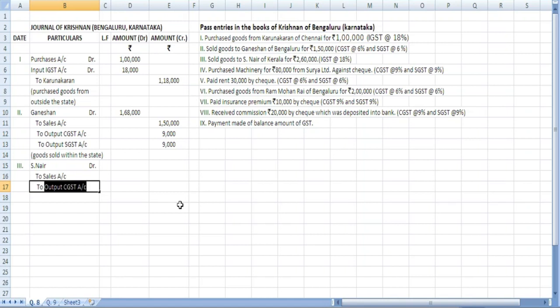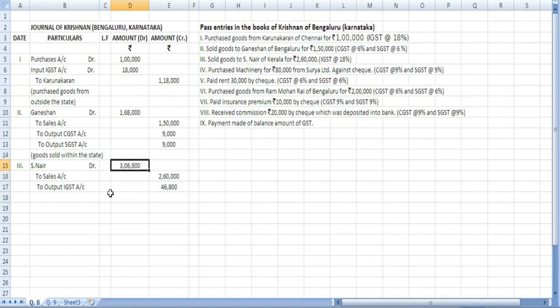Here we are collecting the interstate tax, so it will be to output IGST account. Here sales was for 2,60,000. 18% of 2,60,000 will be 46,800, and when we total these two, it will come to 3,06,800.